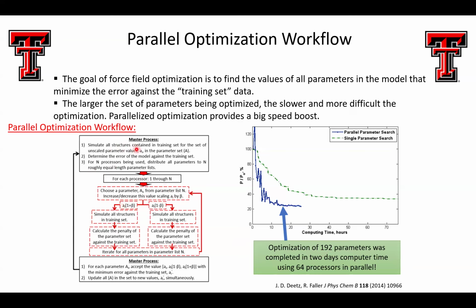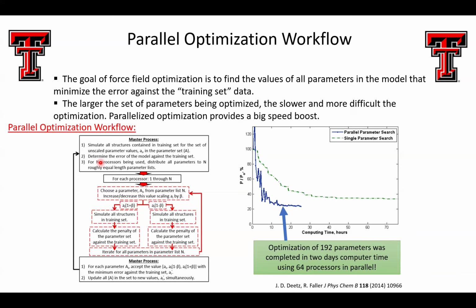So we had a master process which took care of developing the next force fields. This one developed 192 force field files at every step, and sent 3 of them to each of the 64 processors.